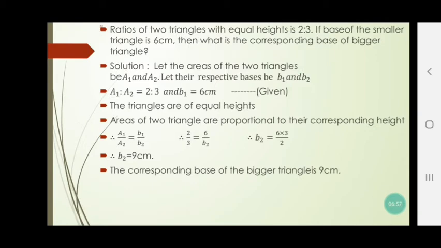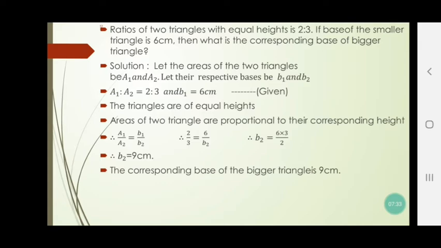Next, the ratio of the areas of two triangles with equal height is 3:2. If the base of the smaller triangle is 6 centimeters, what is the corresponding base of the bigger triangle? Let the areas of the two triangles be A1 and A2 respectively, and let B1 and B2 be their bases.